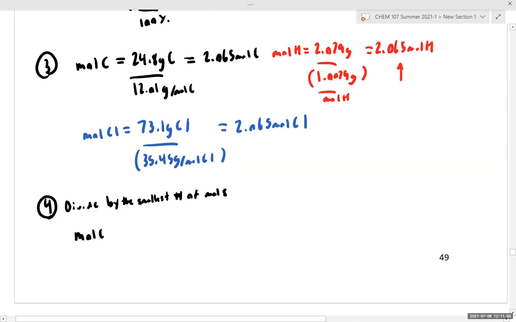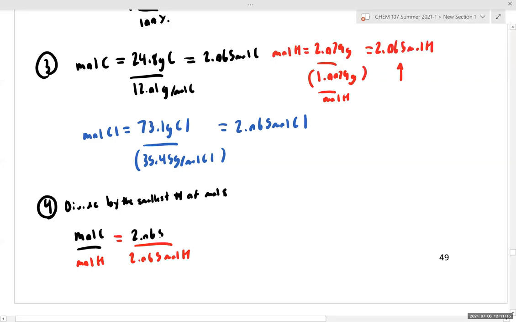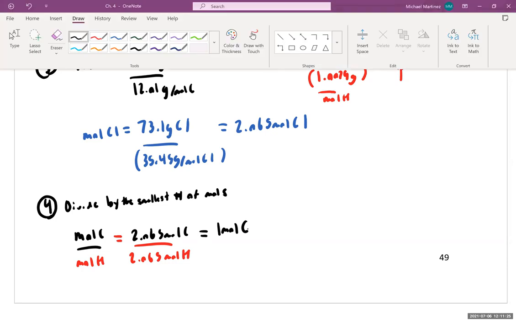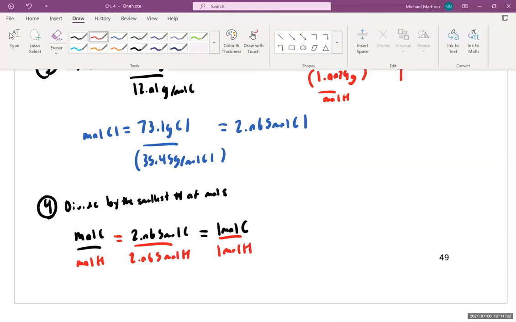Okay, so we're going to take the moles of carbon and we're going to divide by the moles of hydrogen. So we have 2.065 moles of carbon over 2.065 moles of hydrogen. That simplifies into 1 mole of carbon per 1 mole of hydrogen. So a 1-to-1 ratio.